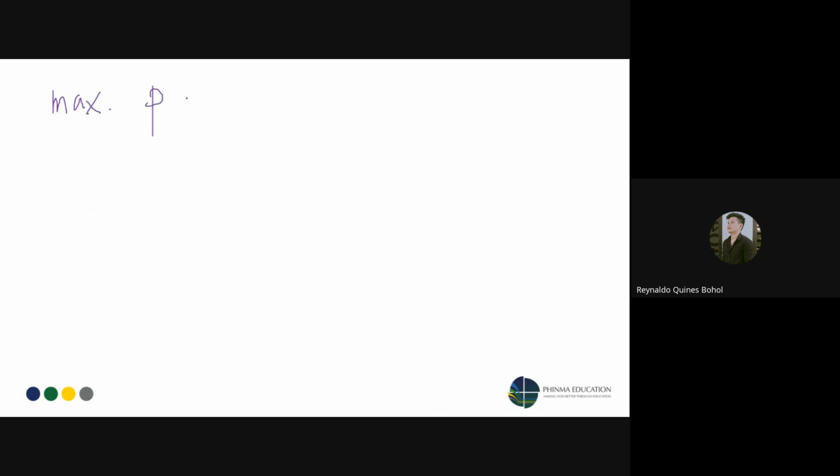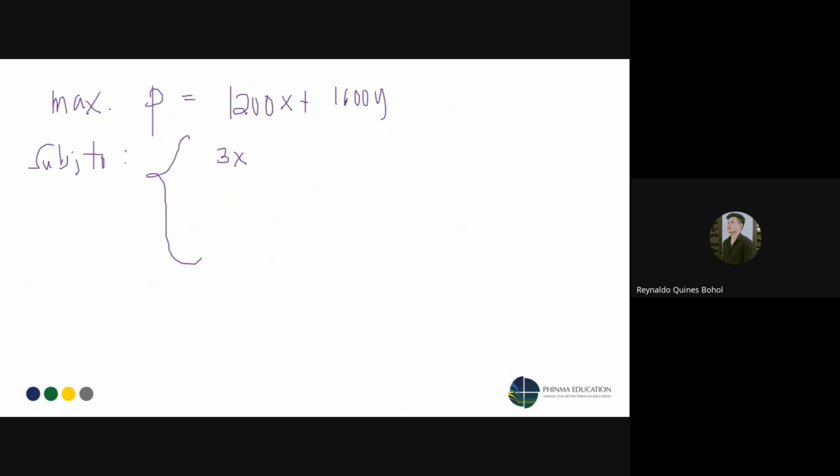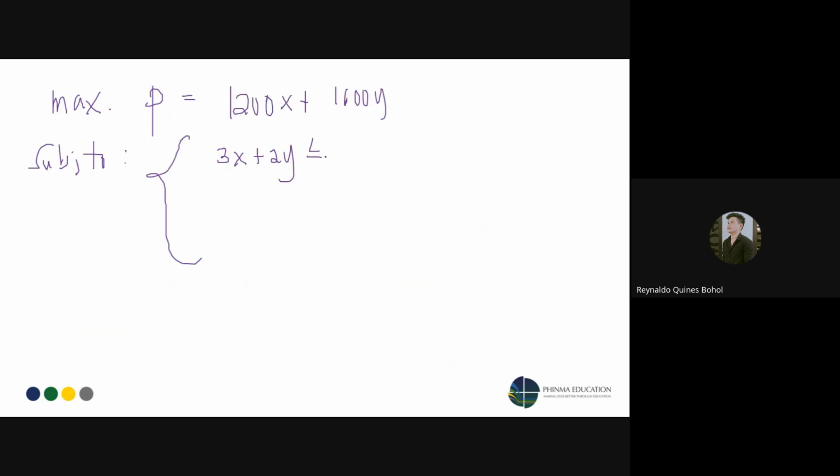So, maximize, objective function mo is 1,200x plus 1,600y. It is subject to your explicit, your first equation there, explicit ang tawag doon, 3x plus 2y less than or equal to 18.